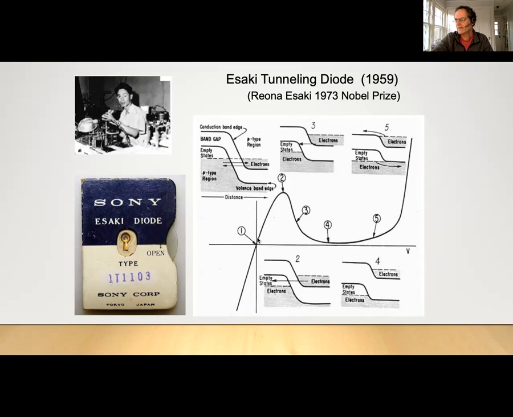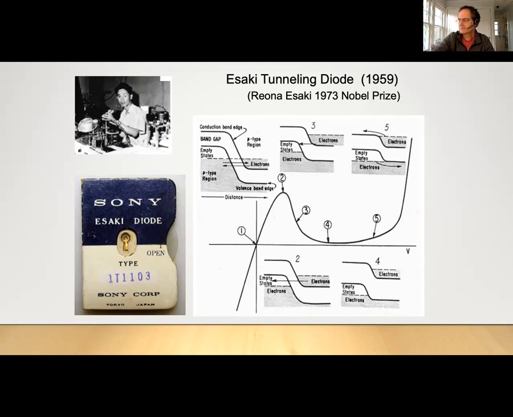And what he showed is that there's a peak in the current, and then for higher voltages, the current actually decreases before it increases again. And this is kind of interesting because with something like this, where the current decreases as the voltage increases, you can make a kind of oscillator, a very high frequency electronic oscillator. Anyway, that's an application we don't need to talk about, but this is the Esaki diode.